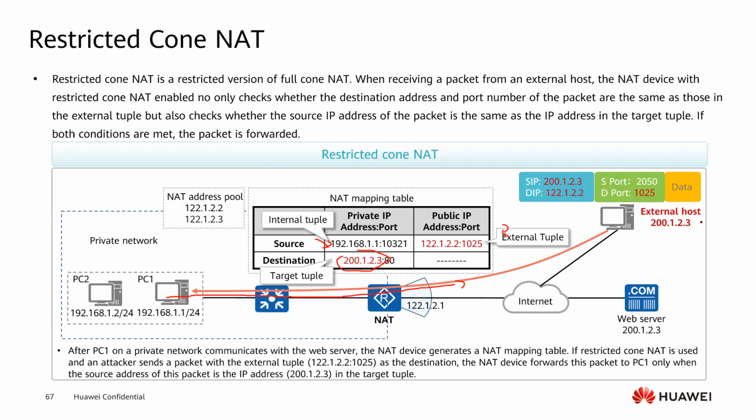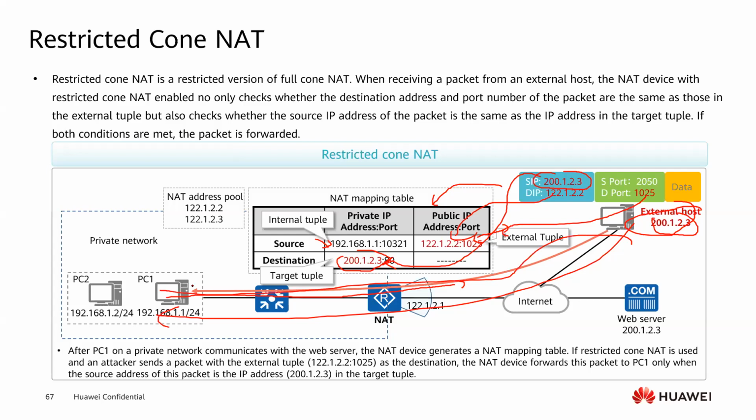If an external host wants to send a packet into the private network, it must create a packet whose source IP address is this, and whose destination will be this and this. If the external packet fulfills this requirement, the packet will be sent in. Okay, restricted cone.